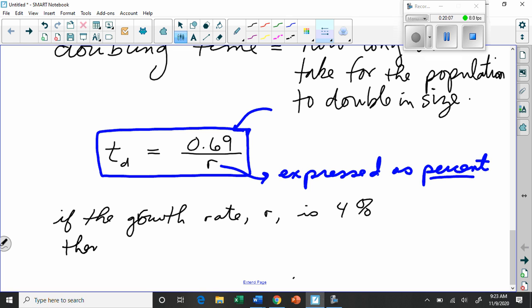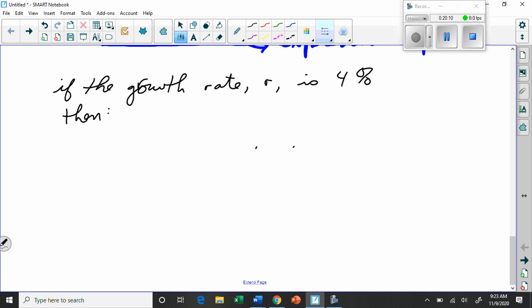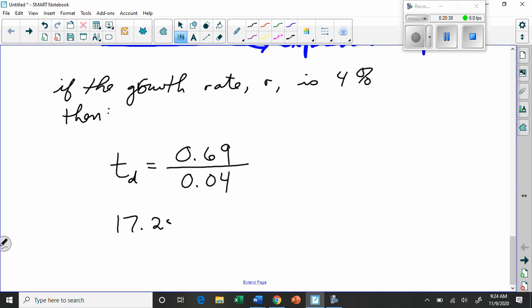Then we can calculate the doubling time. Hang on, I'm going to erase this and recalibrate. Okay. Then the time to double is simply 0.69. The top never changes. It's worked out for you. Treat it like a constant number. Then you divide that by 0.04, and the answer comes out to about 17.25 years. So it would take about 17.25 years for this population to double.